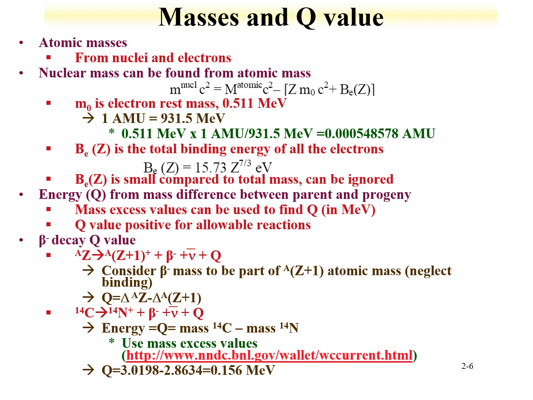We can look up mass excess values from this site, and we plug in those mass excess values and get 3.0198 minus 2.8634, which is equal to 0.156 MeV. These values are in MeV. So now we have a route for calculating energies for decays, and we've shown that we can calculate the Q value for the beta decay of carbon-14.